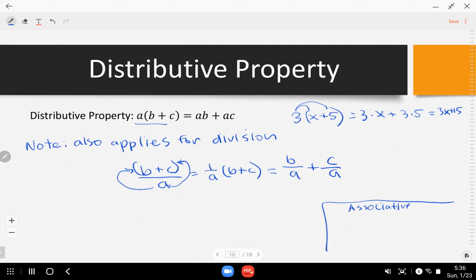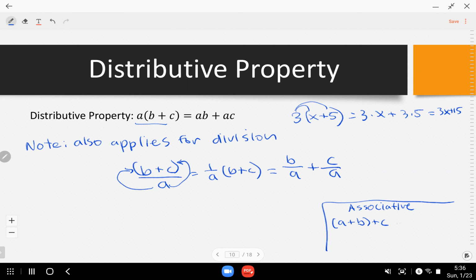For those who do not know, associative is basically when you have addition or multiplication, like A plus B plus C, and you rearrange the parentheses. Because 3 plus 4 plus 5, it doesn't matter which one you do first.